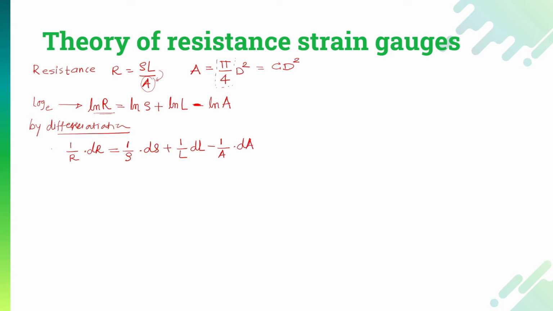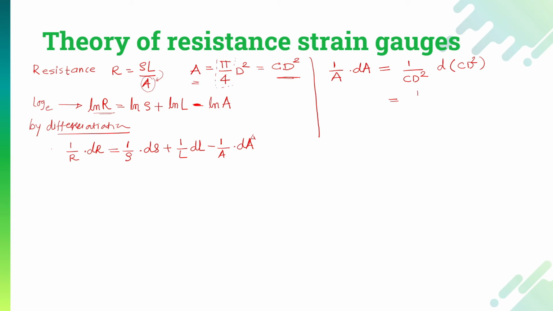Okay, but over here we observe that the value of A is equal to C d square. So let us check out what will happen if I put this value C d square into this equation. I will just derive the equation over here. 1 upon A into dA, I want the value of this. So that is equal to, I will put this value C d square over here, 1 upon C d square into the differentiation of C d square.